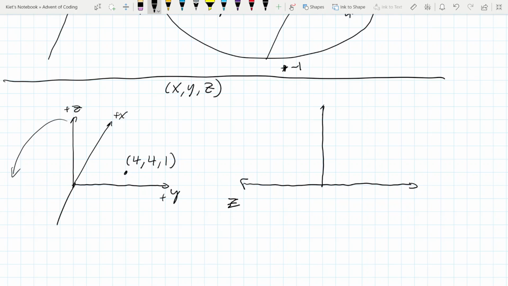So this will be the new z-axis. Then the y is going to rotate here as well. So this will be the positive y. Then the x stays the same because we are rotating on this axis, so nothing changes to it. Right? And the point stays in the same spot.